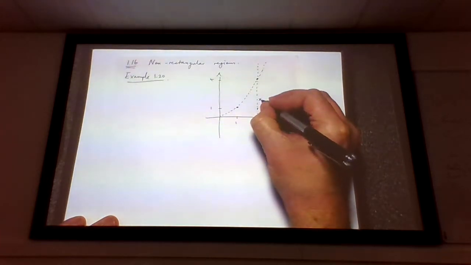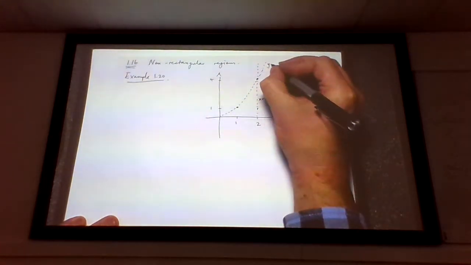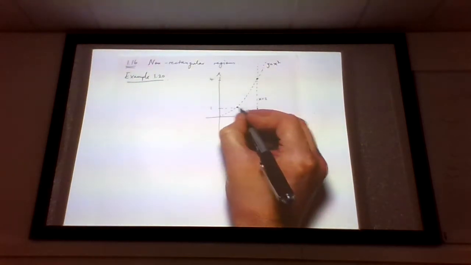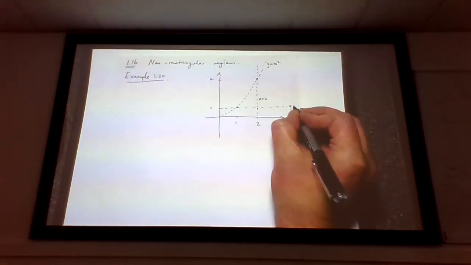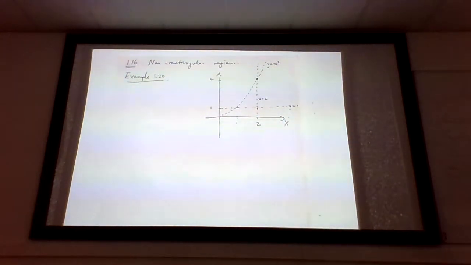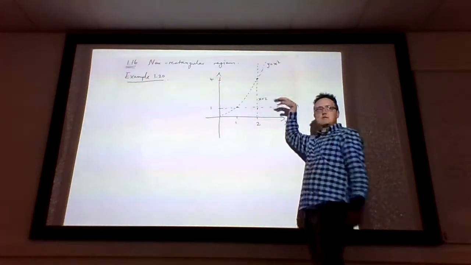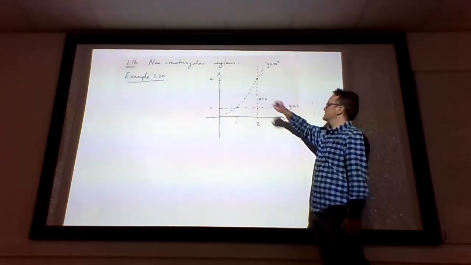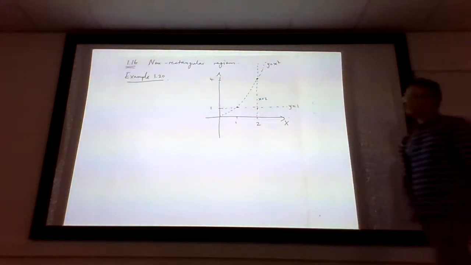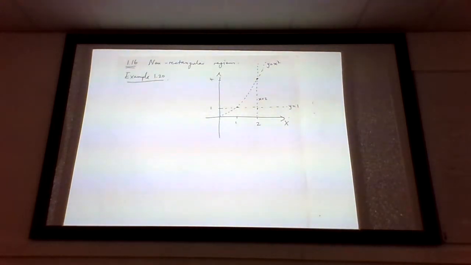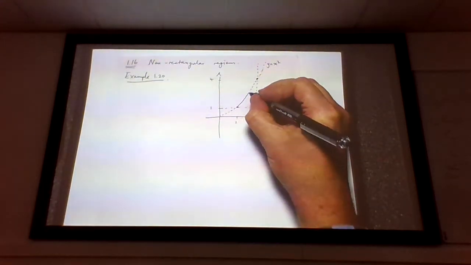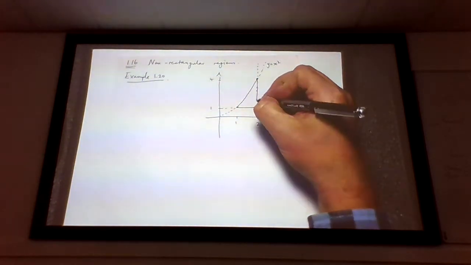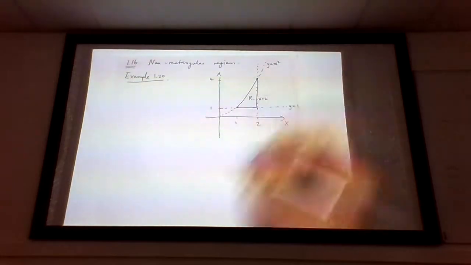We got the straight line x equals 2, and we got the curve y equals x squared. And we've got the line y equals 1. Okay, so we got these three curves, the two straight lines, y equals 1, x equals 2, and the curve y equals x squared. And the region of integration here is the region that's bounded by these three curves. Okay, so this is our region R.